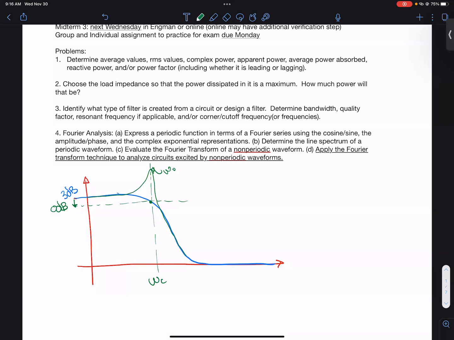But if you don't, and there is a high Q, you would be at that resonant omega naught value. So it would be the peak of that one.